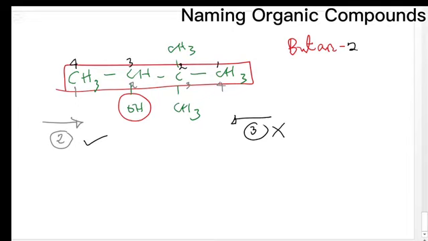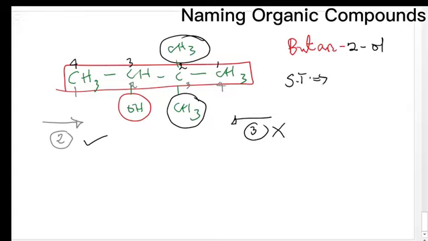This is butan-2-ol, and I continue with that position because the functional group determines the positioning of the other substituents. The first substituent is on position 3 from left to right, so it's a 3-methyl.